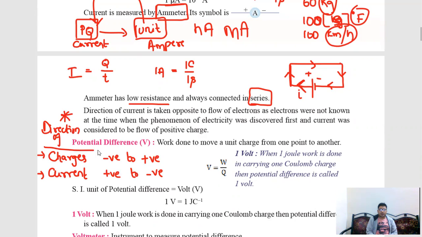Don't get confused. In examination, always you have to concentrate on the direction of current, not the direction of charges. You can leave this, but try to remember. But in examination, don't go with this concept.